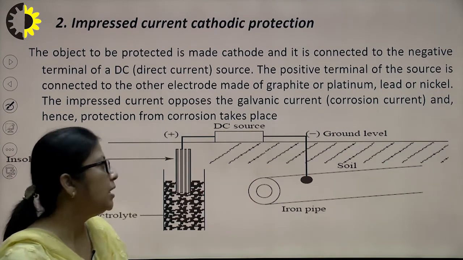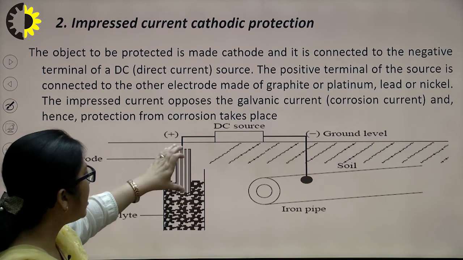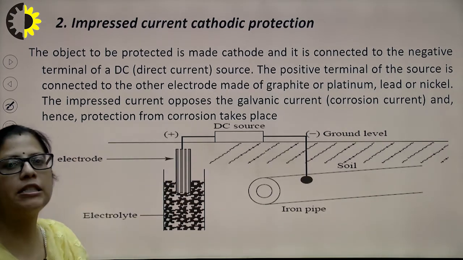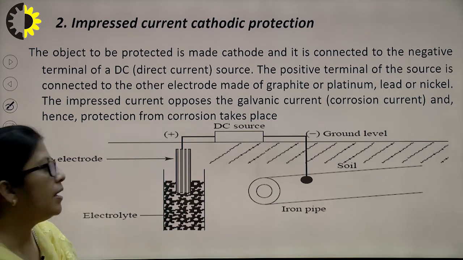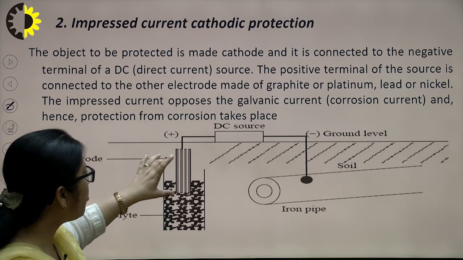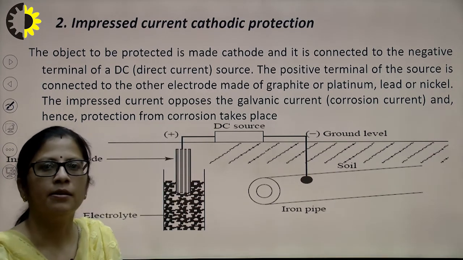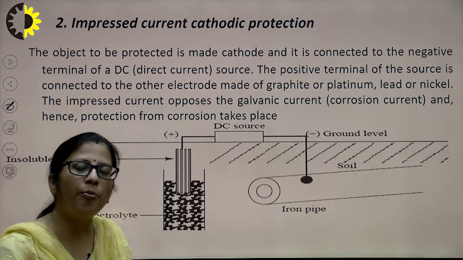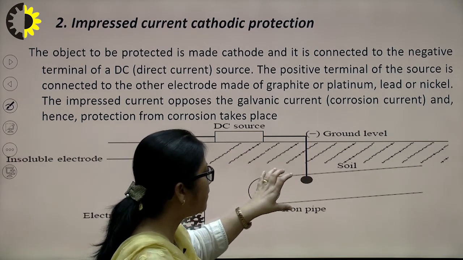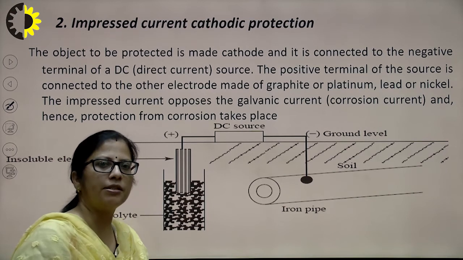And here the other electrode can be made up of graphite or platinum or scrap iron, and this source will provide the electrons. This source is used for providing the electrons to our iron or the underground iron, which is to be protected.